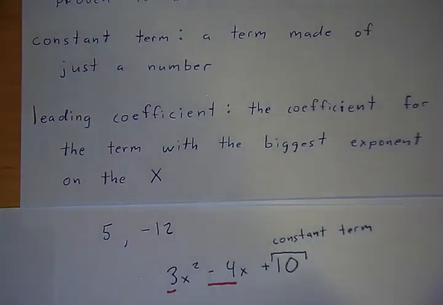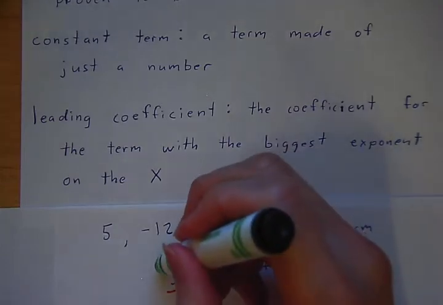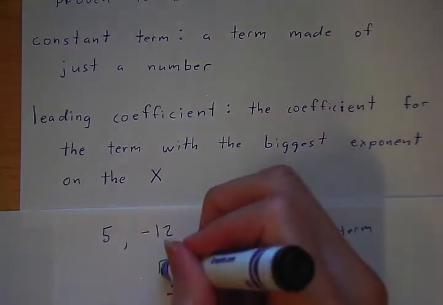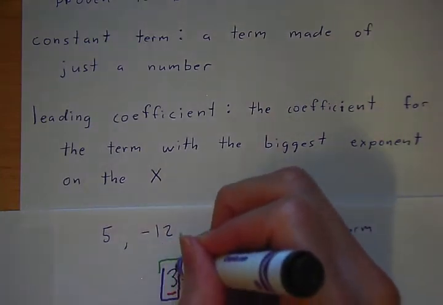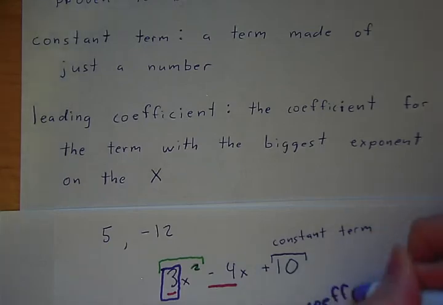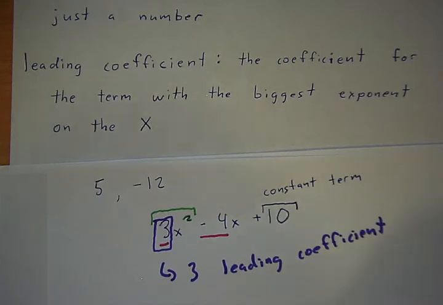So because this term is our leading term, because this term has the biggest exponent on the x, our 3 is our leading coefficient.